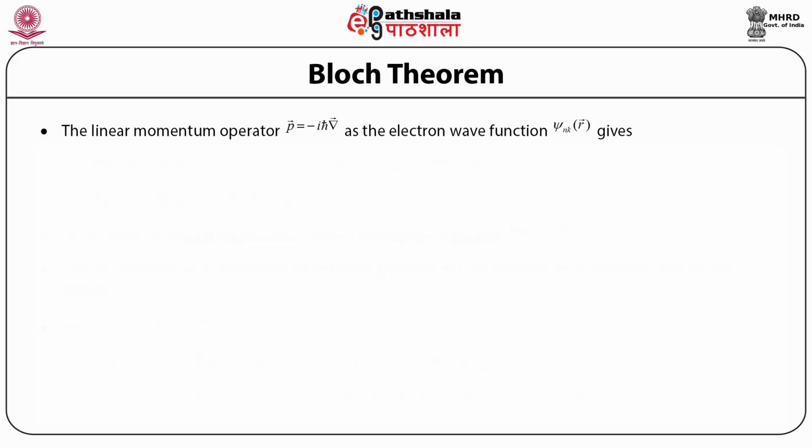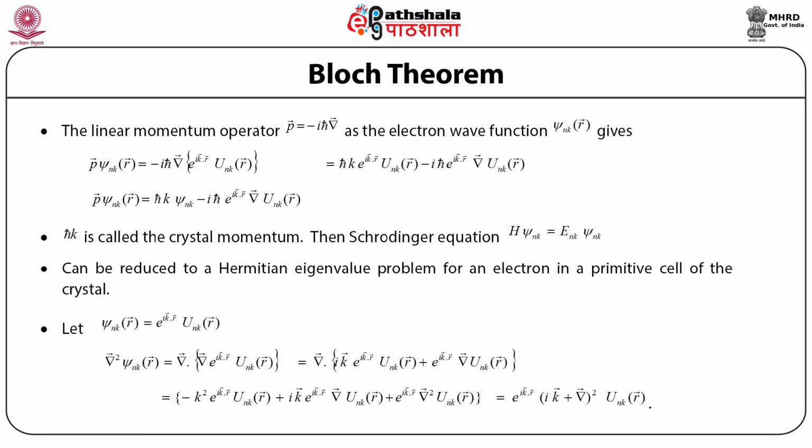Acting on the electron wave function, which for an electron moving in a periodic potential is by Bloch's theorem psi_nk(r), p psi_nk(r) is minus i h-bar del acting on e^(ik·r) u_nk(r). This can be written as h-bar k e^(ik·r) u_nk(r) minus i h-bar e^(ik·r) del acting on u_nk.